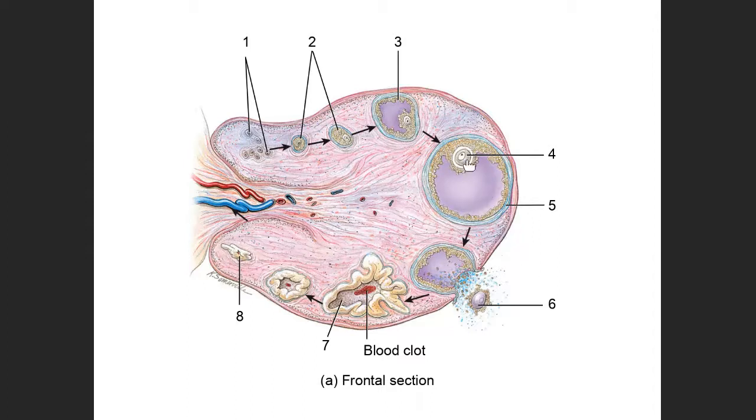Here is the oocyte and this is the theca layer around the follicle. And then ovulation takes place and the oocyte and a group of granulosa cells around, which we call corona radiata, are released from the ovary. Then you can see the corpus luteum, and if pregnancy doesn't happen, it regresses and makes corpus albicans.